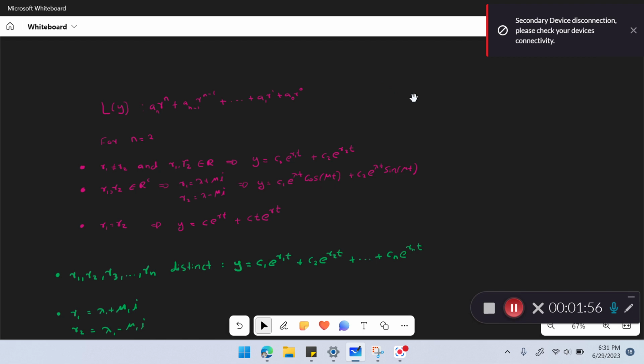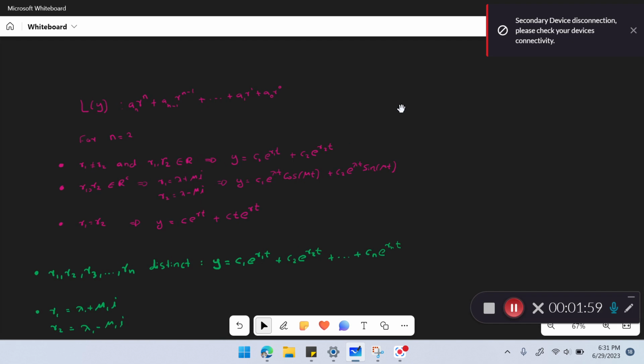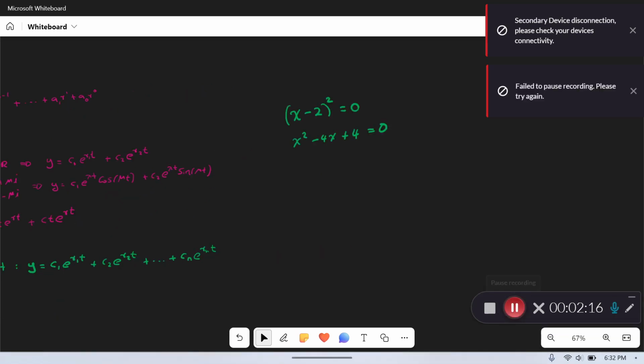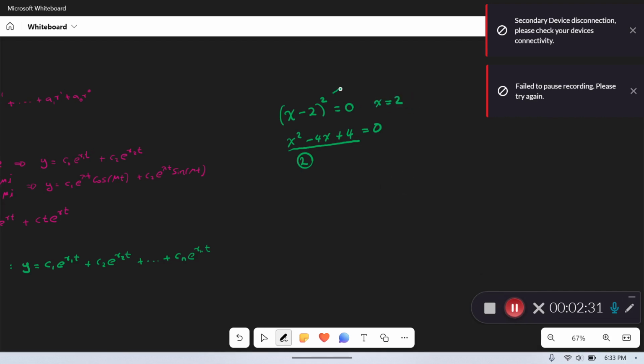To find the order of a polynomial, if we know the number of roots of that polynomial, then that number of roots is equal to the order of the polynomial. There's something you should be careful about. If you think about a polynomial like this, it has order 2, and you can see that the root is just equal to 2. However, because of this squared sign, it actually has 2 roots, but both roots are equal.